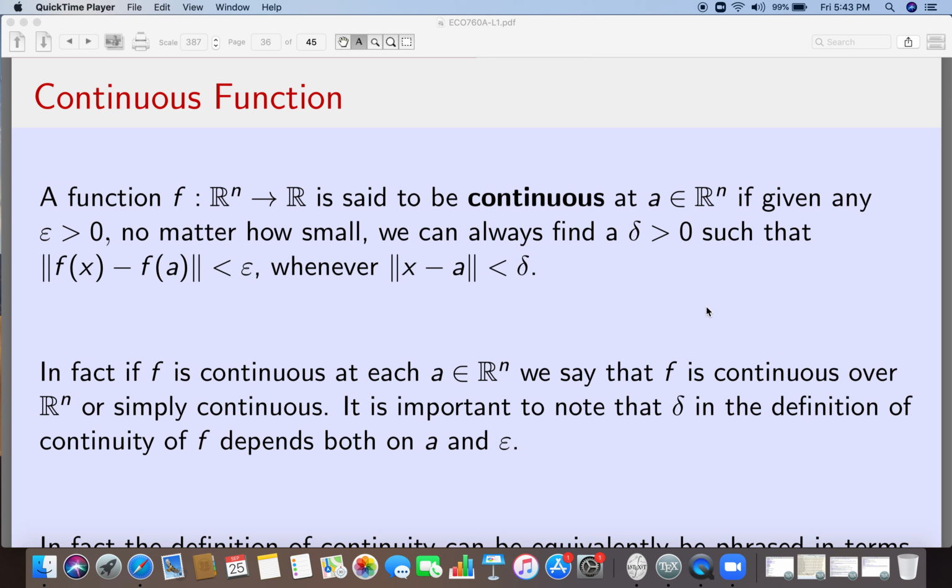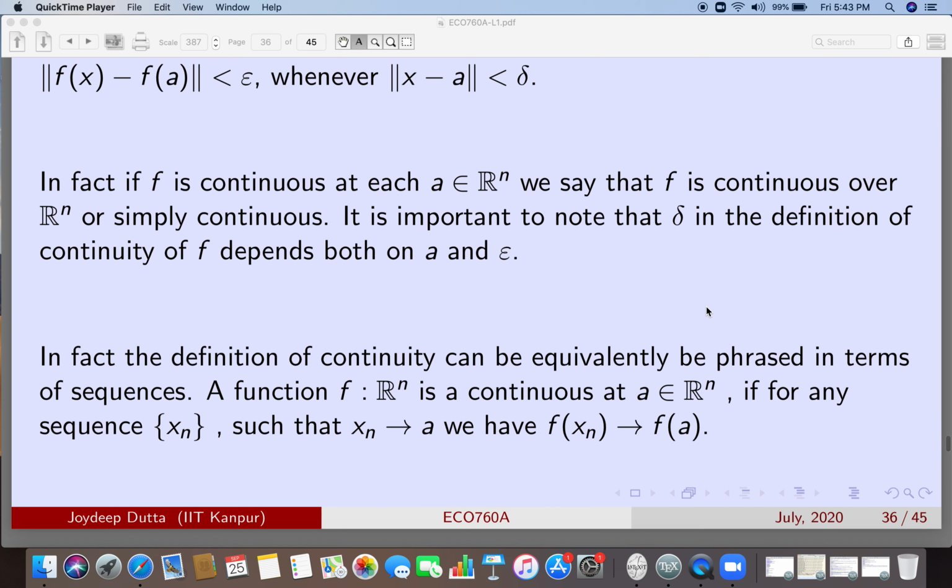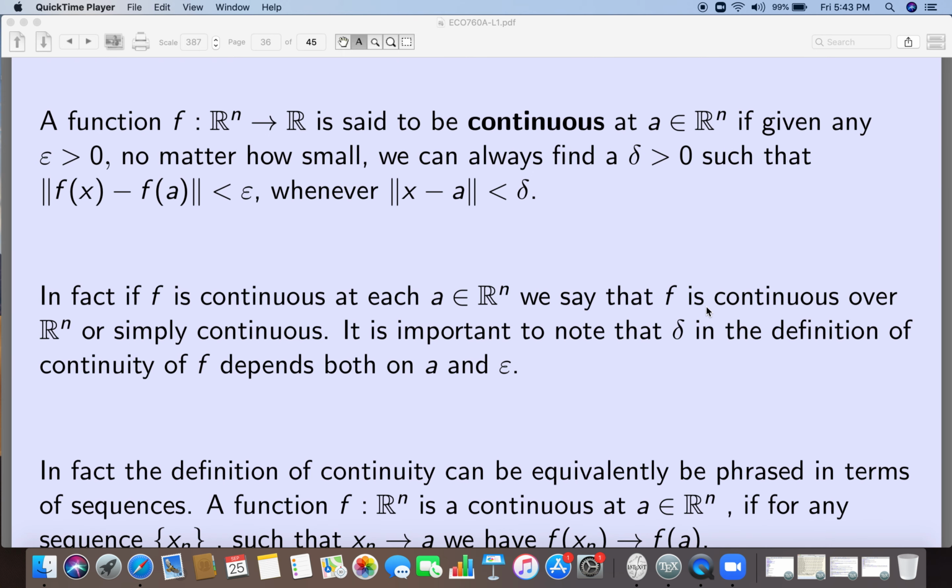That is the meaning. This essentially means that whenever x tends to A, f of x tends to f(a).